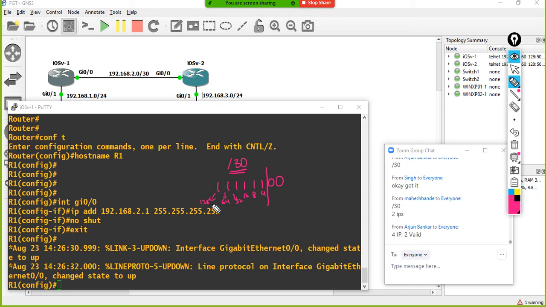Everybody, understand or not? 128 plus 64 is 192. 192 plus 32 is 224. 224 plus 16 is 240. 240 plus 8 is 248. 248 plus 4 is 252. Because I am planning to use /30, that's why I have mentioned 252. Is it clear?